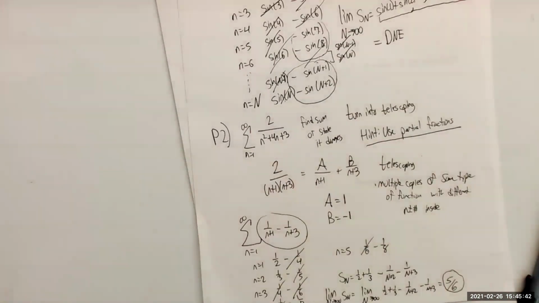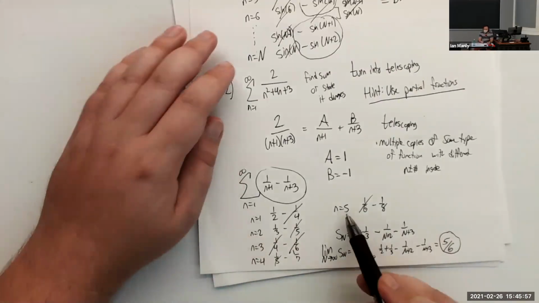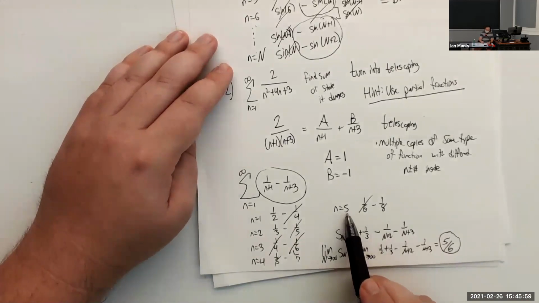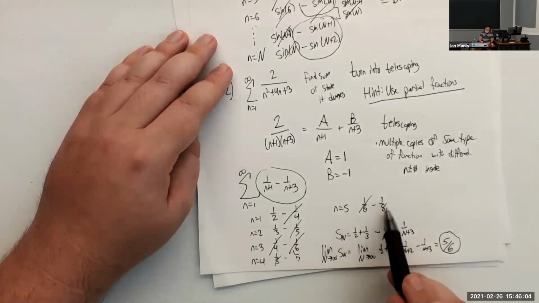All right, guys. I will see you all on Monday. Actually, I have one quick question. How did you come up with n plus 2 and n plus 3? Because I got n plus 3 minus n plus 4. Yeah. So I stopped on n equals 5, right? And what were the things I had left over? I had minus 1/7 and minus 1/8.